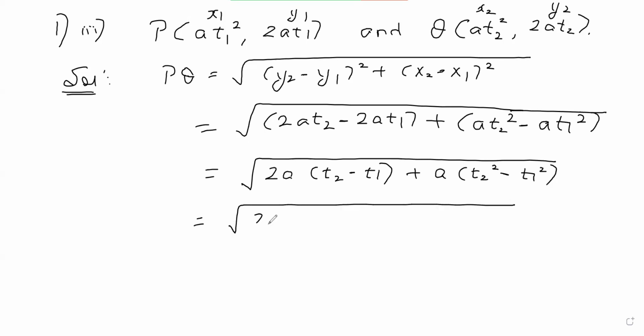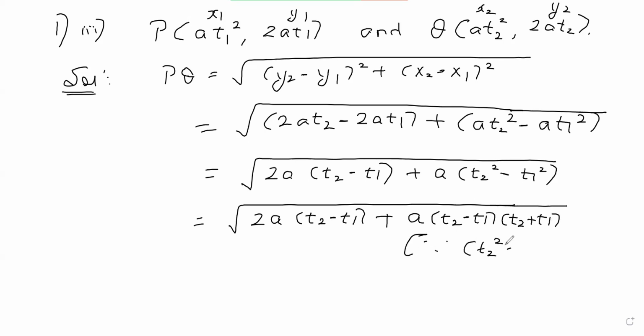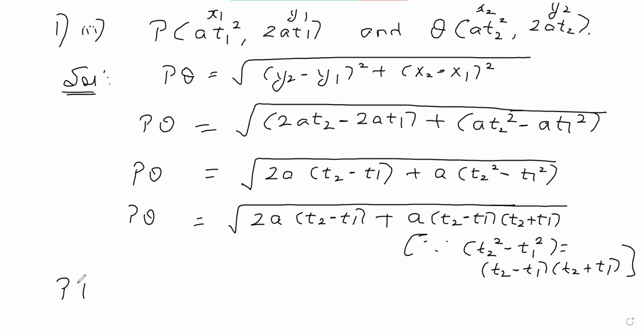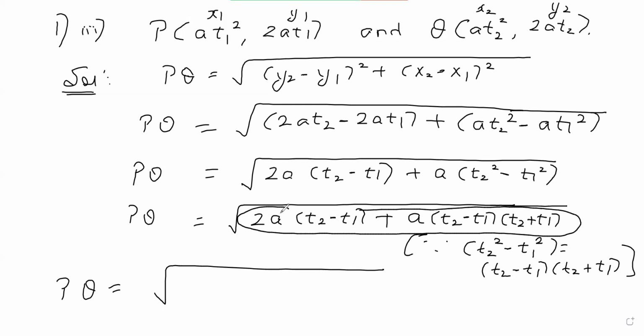Within this, I can write 2a times t2 minus t1, and using the identity a square minus b square, I can open up and I can write t2 square minus t1 square as t2 minus t1 times t2 plus t1. In the bracket, I can write the identity I've used: t2 square minus t1 square is t2 minus t1 times t2 plus t1. So if I now factorize, within this whole expression, I can take t2 minus t1 common.